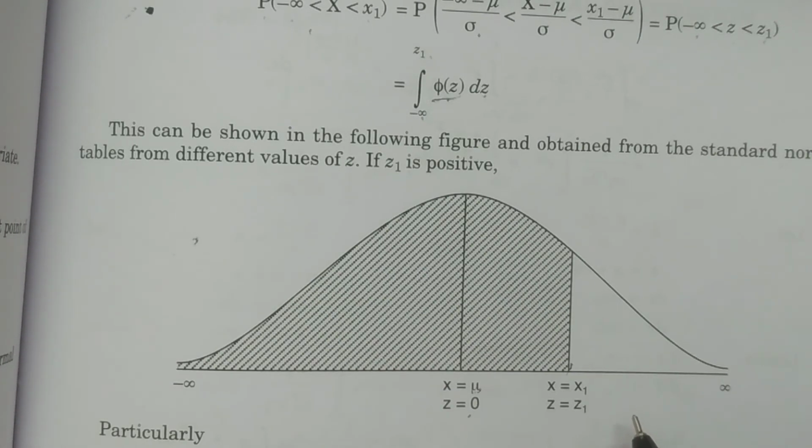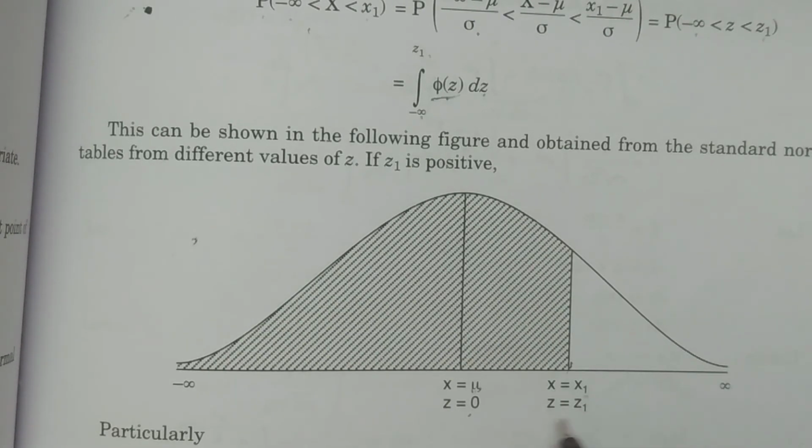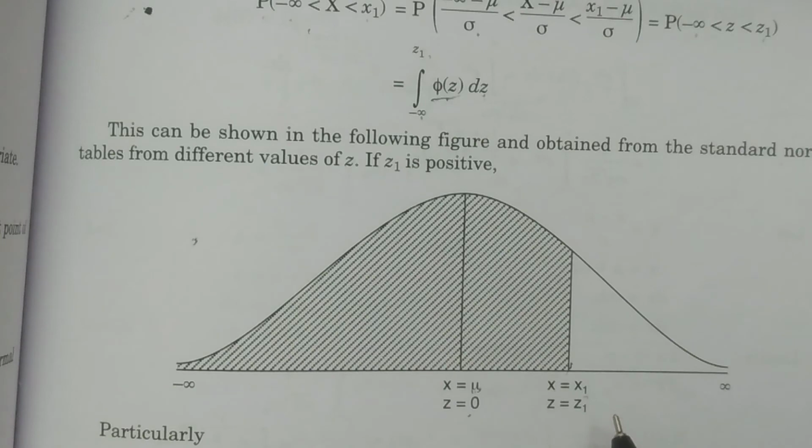So the probability of x from minus infinity to a positive value of z1 can only be obtained from the statistical tables, that is, the areas property of the normal distribution tables.